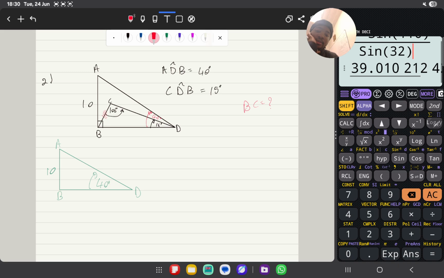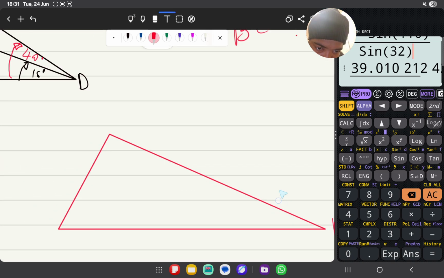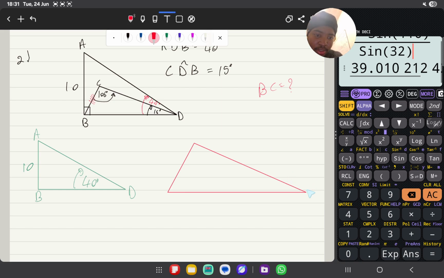And then we have another triangle. This is 15 degrees. This is D.